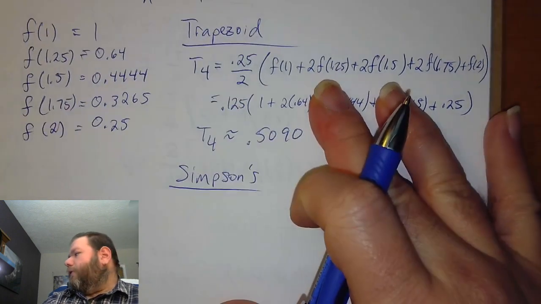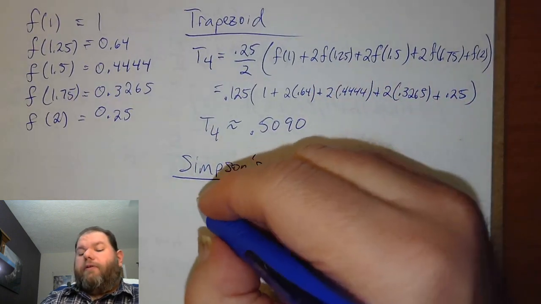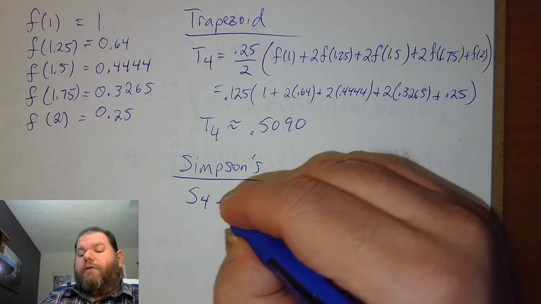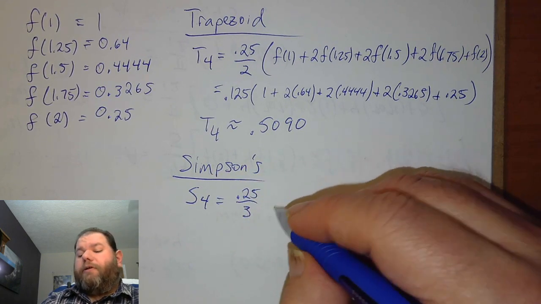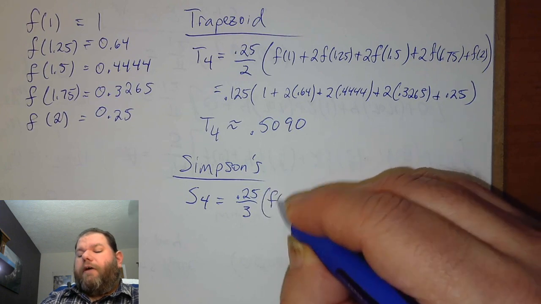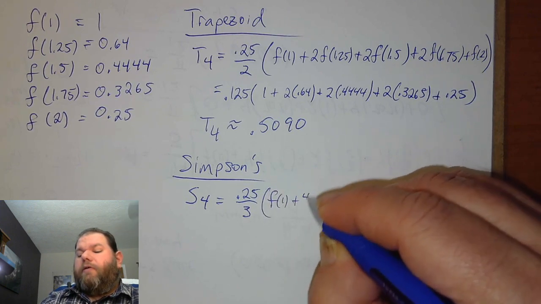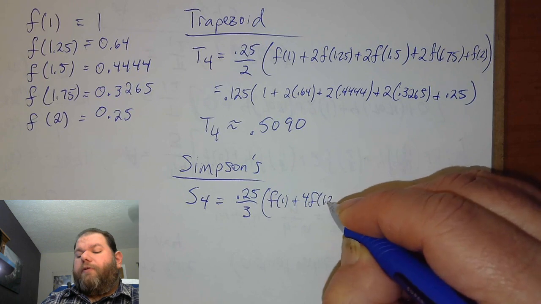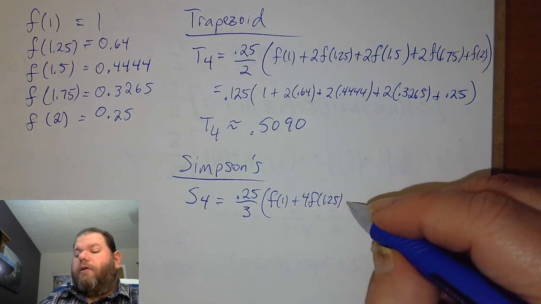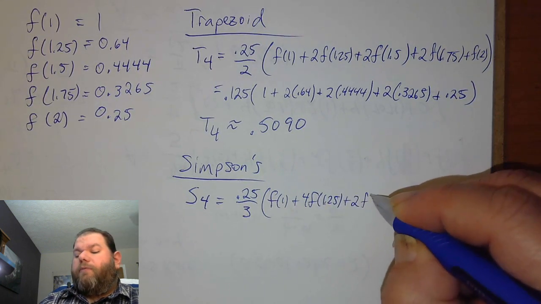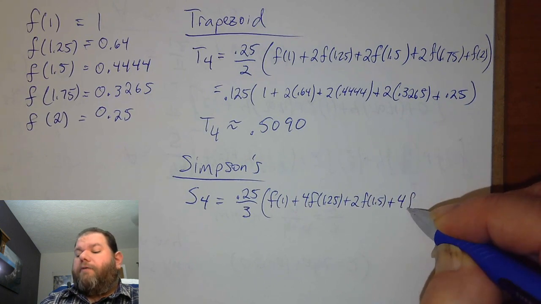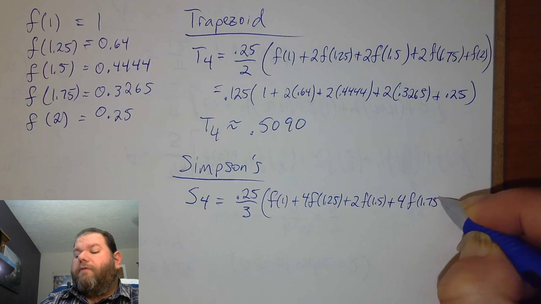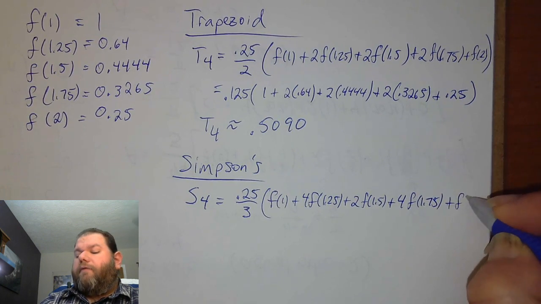So let's look at Simpson's next. Now Simpson's, call this S4, will be our width, 0.25, divided by 3. And we'll have f of 1, 4 times f of 1.25, 2 times f of 1.5, 4 times f of 1.75, and f of 2.